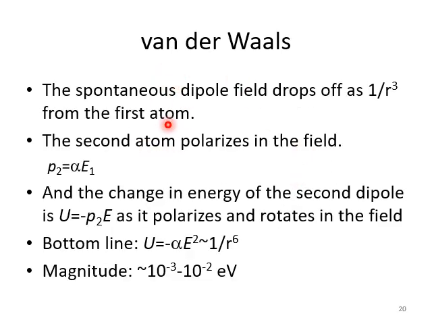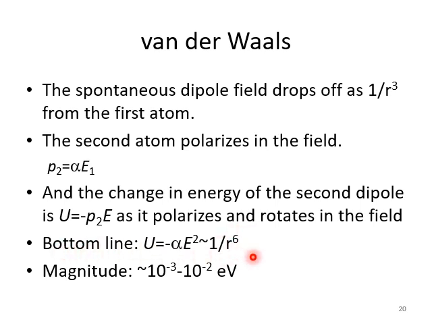Here's a scaling argument. The dipole field drops off as 1 over r cubed. So if we have a field, it drops off as 1 over r cubed. And the second atom polarizes in the field relative to that 1 over r cubed. And then the energy of the second dipole depends upon its dipole moment as it polarizes. And the bottom line is that the change in energy of the system due to the joint polarization of the two atoms varies as 1 over the distance between the two atoms to the 6th power.